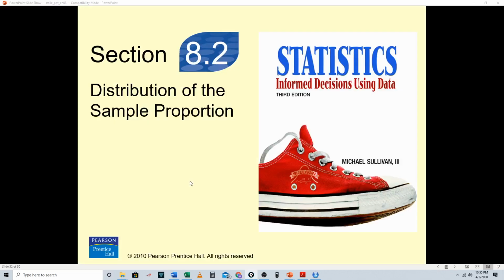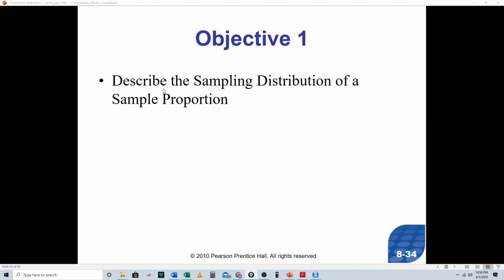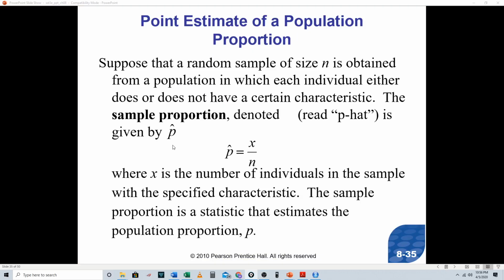So, distribution of the sample proportion. This is different. This is sample proportion, different from sample mean. It's a proportion. So instead of looking for a mean, we are given a proportion. For example, let's say a certain percentage of people are expected every year to be diagnosed with a certain type of cancer.